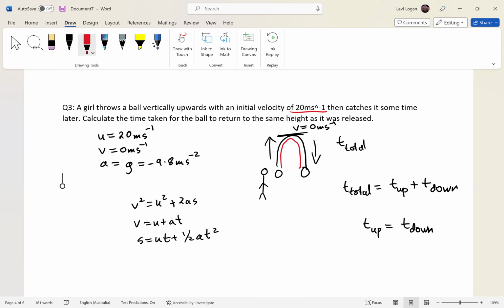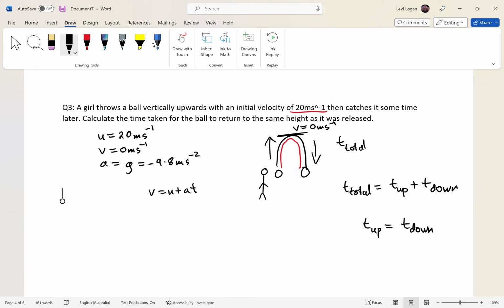We have a final velocity, so we can't use this equation down here, and we have acceleration. I'm not going to use this one because that will give us displacement, but we want time, so we're going to use the middle equation. Okay, rubbing that out now, and moving this up here.